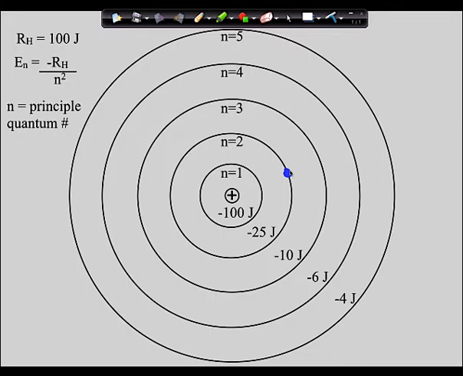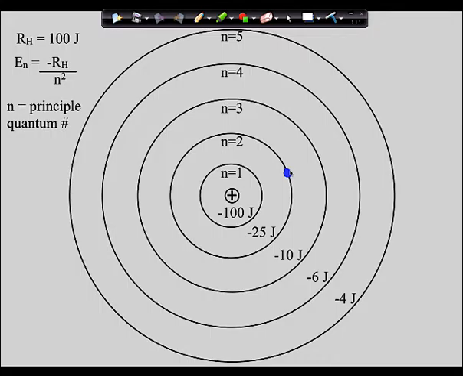Guys, think about it this way. What is it that gives this electron energy in the first place? Why does that electron have energy in the first place? Because of the attraction to the nucleus. In the same way, potential energy: we have energy because we're attracted to the center of the earth. Similarly, electrons have energy only due to position, their attraction to the nucleus.